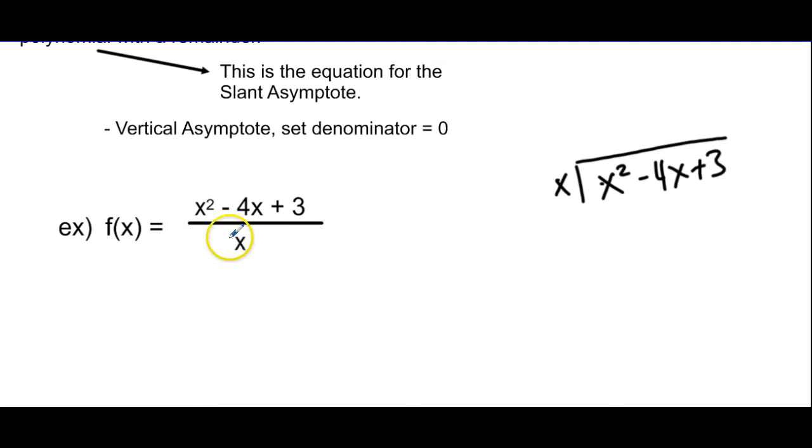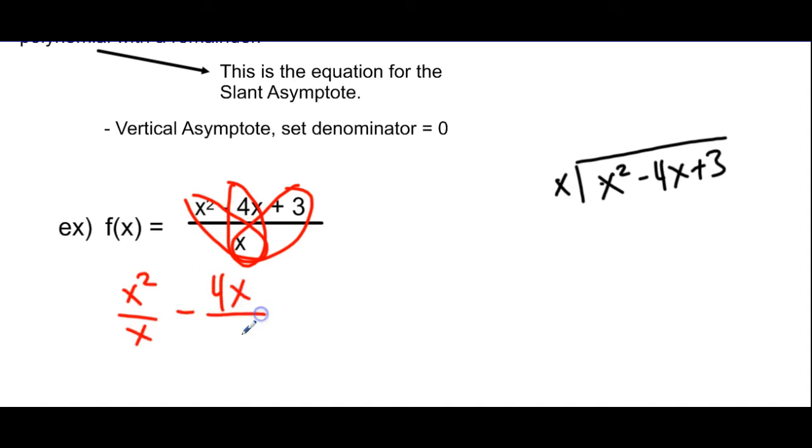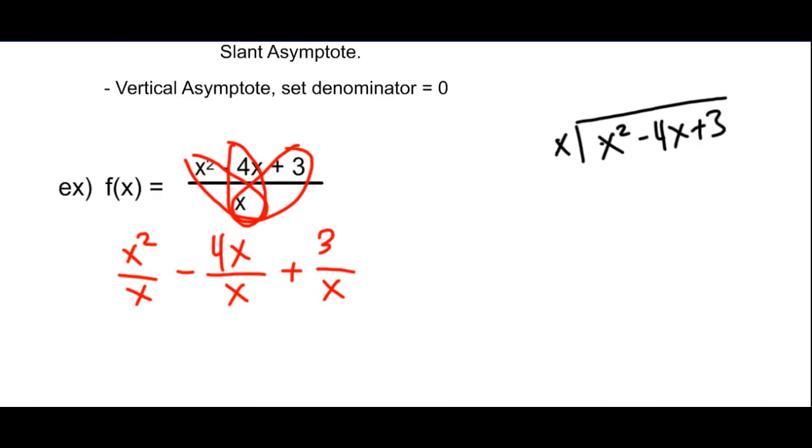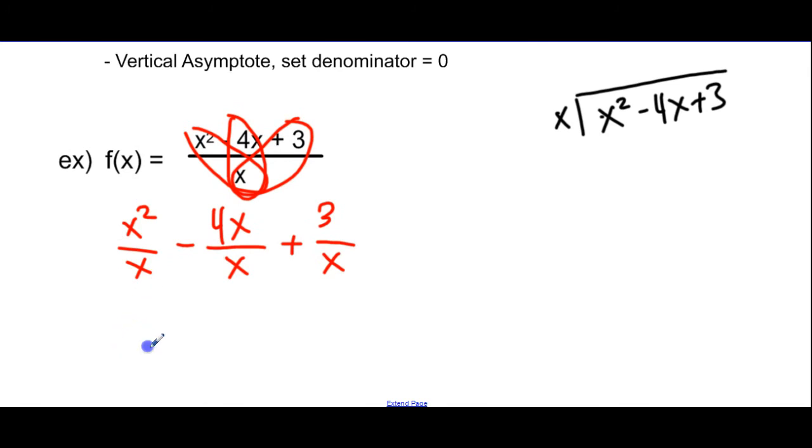Or in this case, since the bottom is just a single term, we can take each term and divide it like that. x squared divided by x, minus 4x divided by x, plus 3 over x. If we simplify this, one of the x's cancels out, so we just have an x. These x's cancel out, so we have a 4. You can't really do anything right here, so we're just going to leave that there.